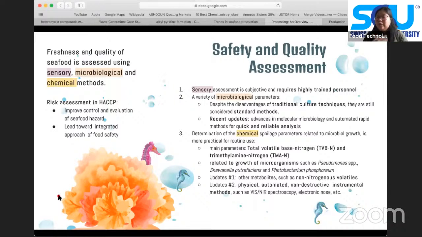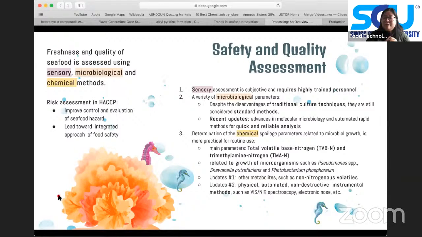In routine use, usually determination of chemical spoilage parameters such as TVBN, total volatile base nitrogen, and TMAN, trimethylamine nitrogen, are commonly used. Why?